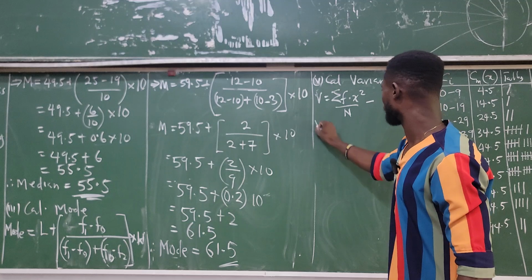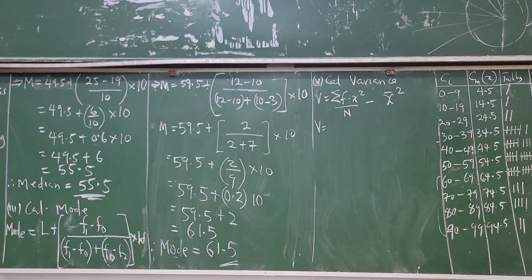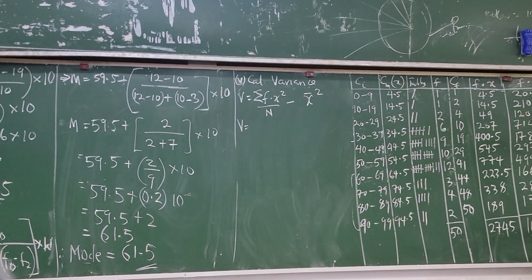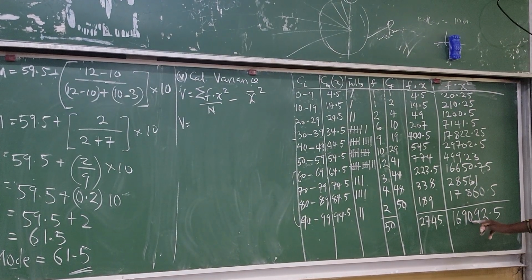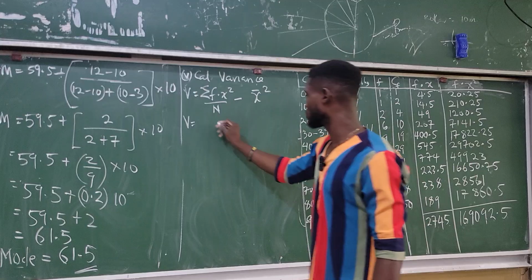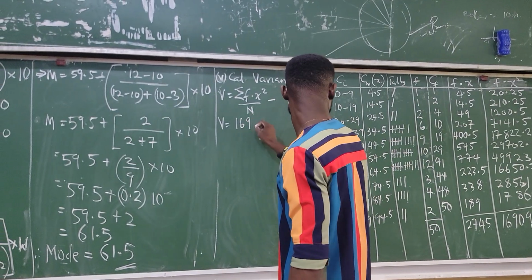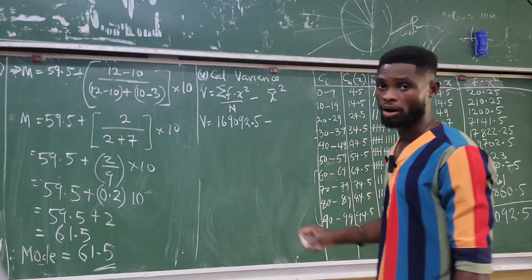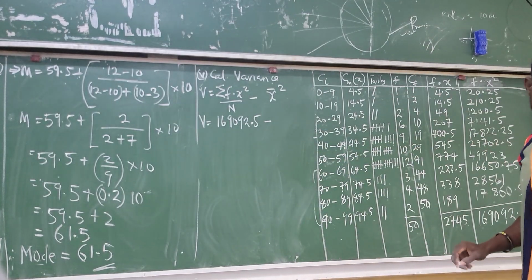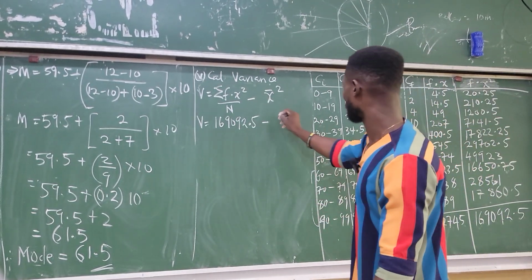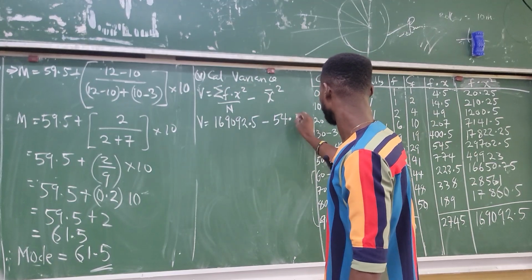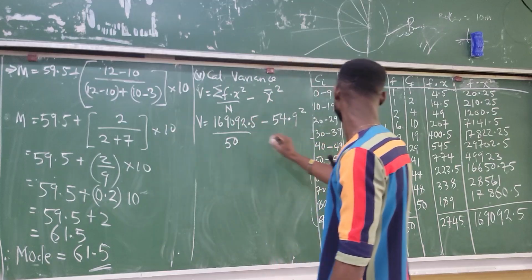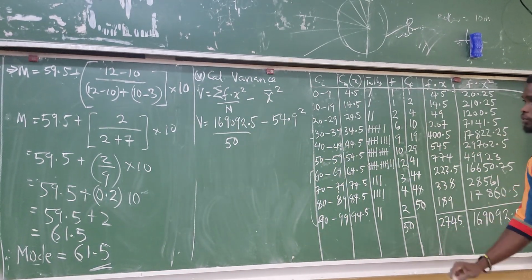You come back to our table. That is from the table. This is the summation of f dot x square, which is 169092.5. So we have 169092.5 minus our mean, which is 54.9, in square over 50. Our n is 50, that is the summation of the frequency, which is 50.